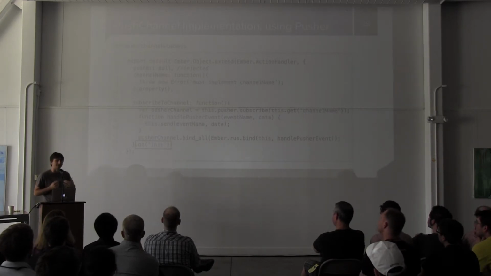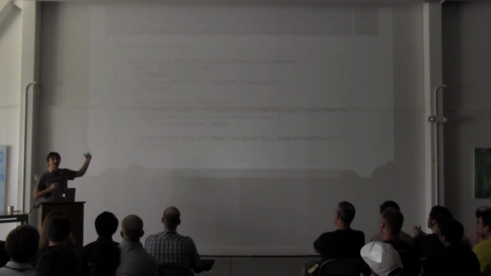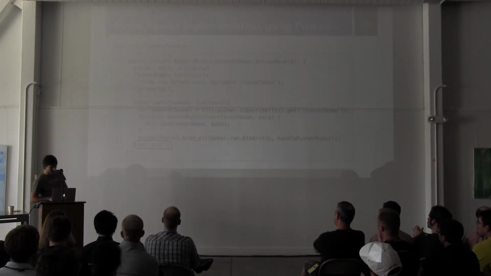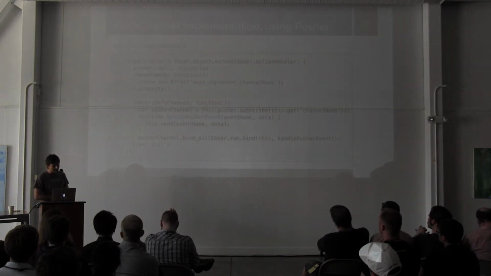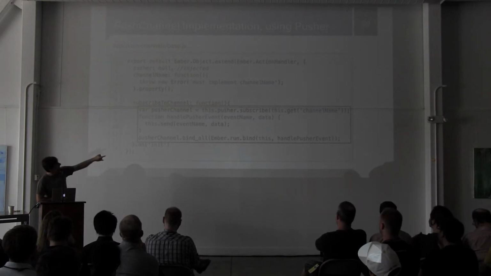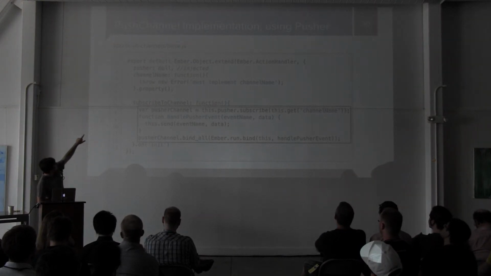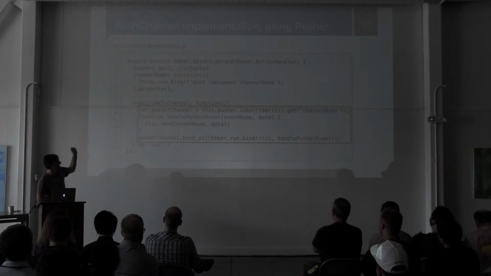And for those of you who haven't come across the syntax, this basically means that this method is going to run when this object is initialized. And the subscribe to channel method is going to subscribe to the channel that's defined here. And you'll notice that there on lines 3 through 5, the channel name must be implemented by the subclass.